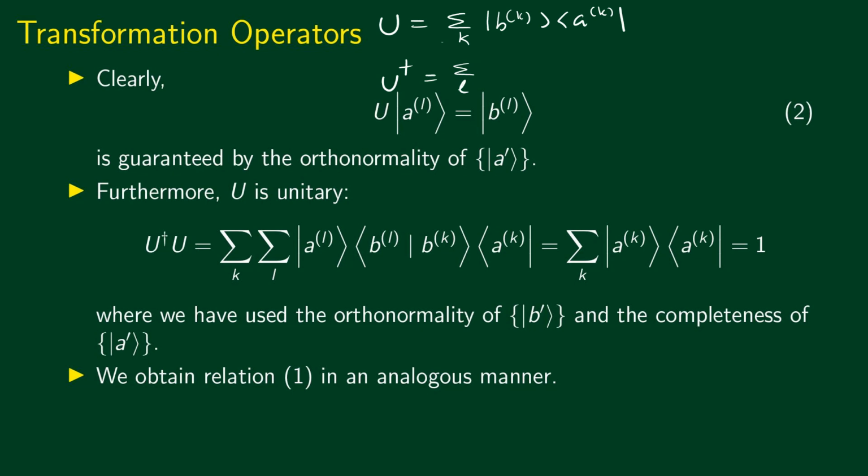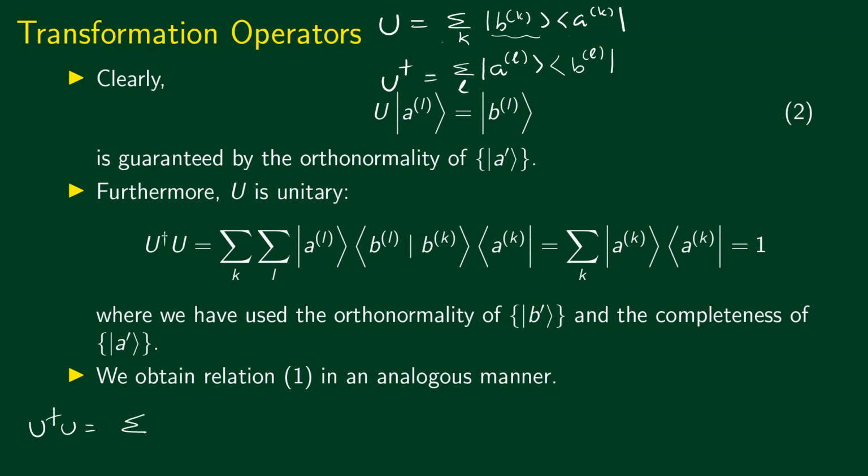Now I know how to find the dagger of this operator. So this bra Ak, in this case with the dummy index l, bra Al will become ket Al, and I'll write it first. So this becomes ket Al, and this ket Bl will become a bra Bl. We know this rule. Now we can find U dagger U. We just multiply these two terms.